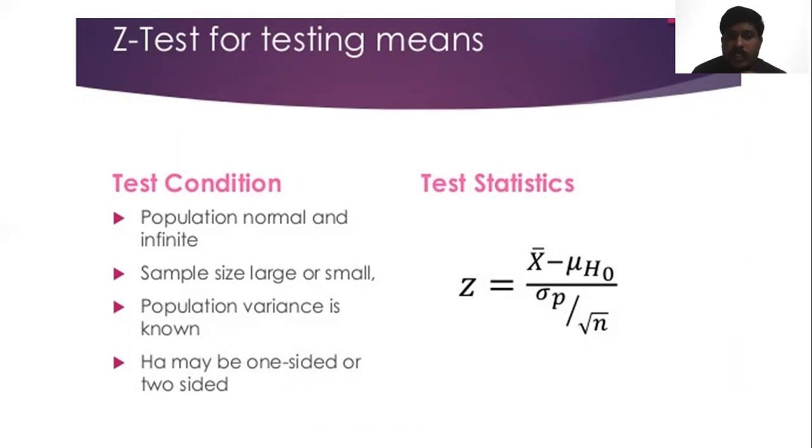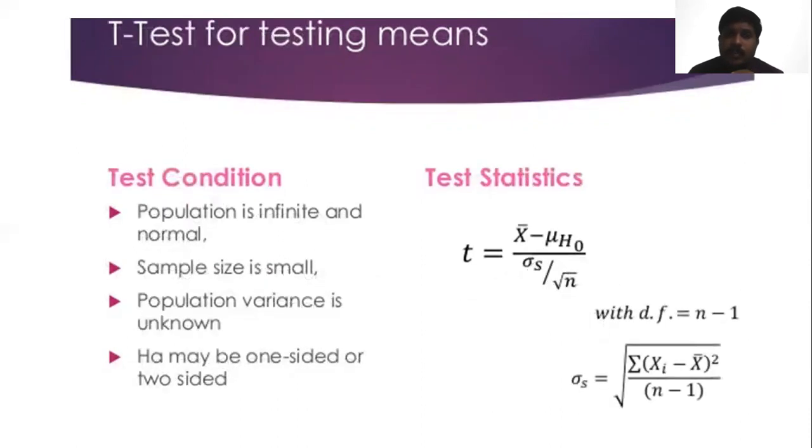N is the sample size. When we are taking the Z test, the population should be normal and infinite. Sample size n may be large or small. Population variance is known, it is given to you, and only then can you find sigma p. H alpha may be one-sided or two-sided. Then we can use the Z test.